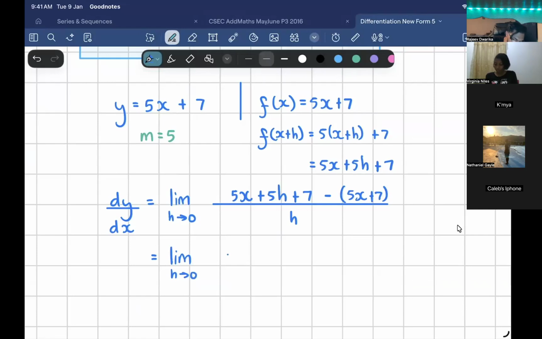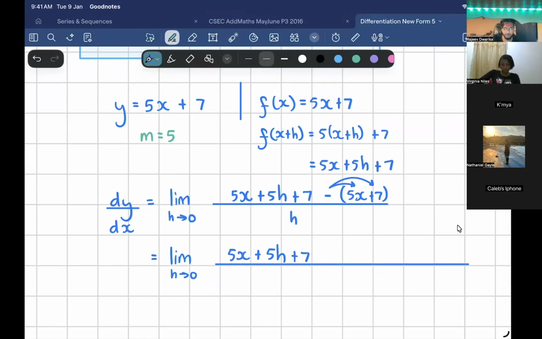Right, let's simplify the top. Come on, help me simplify the top. If I distribute the negative across all the terms, what would I get? Minus 5x minus 7.